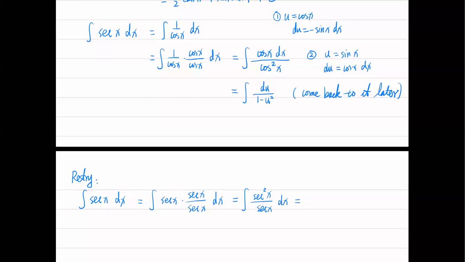Okay. So I multiply secant over secant, so it's the same integral, secant squared dx. Okay, Sophia, if you see this integral, what substitution would you pick? Tangent.